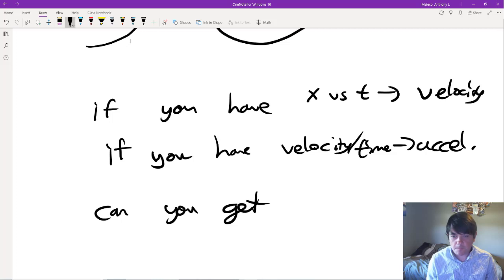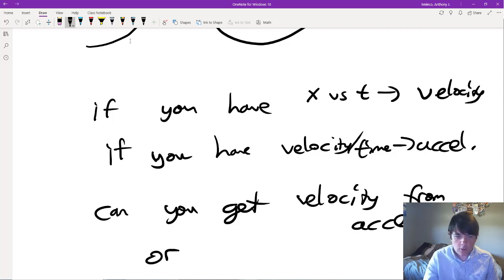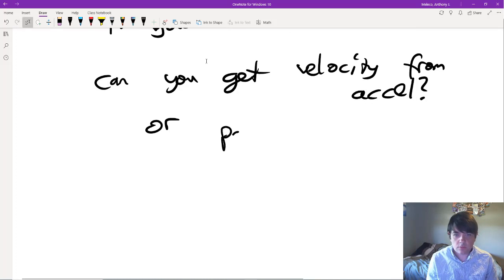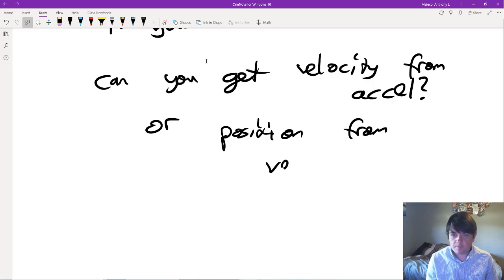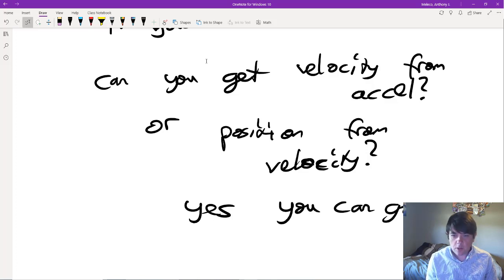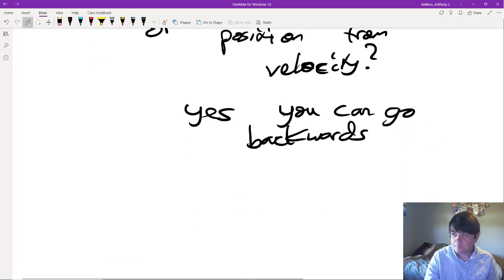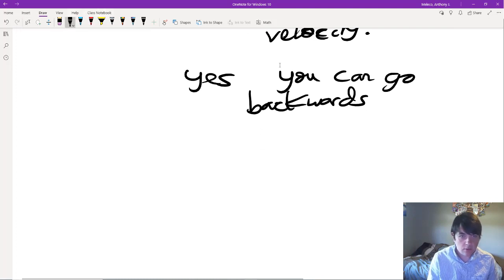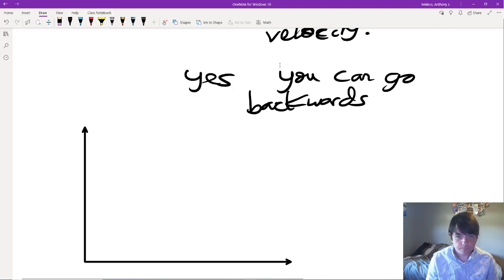Can you get velocity from acceleration or position from velocity? And the answer is yes. You can go backwards. So let me show you how that works. So here's, this is going to be a velocity.